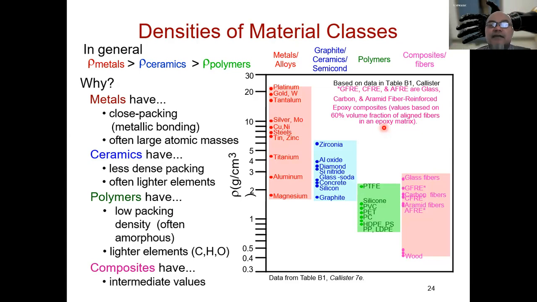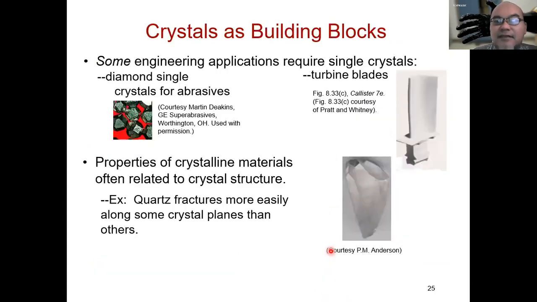And usually polymers consist of the lighter elements: carbon, hydrogen, and oxygen. Composite, on the other hand, has intermediate values because they are made from combination of the other three more traditional materials. Okay. So here we can see the comparison based on the table in chapter 1 of this textbook, the Callister.